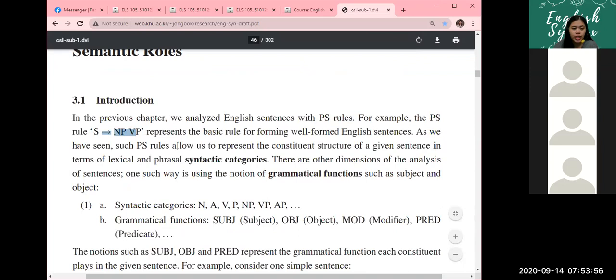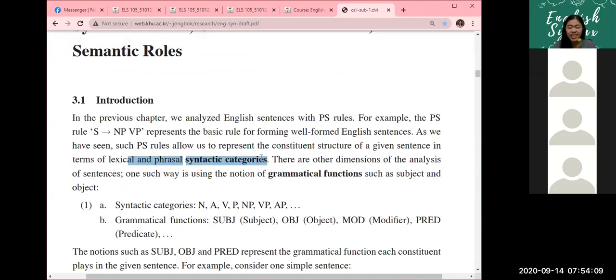PS rules allow us to represent the constituent structure of a given sentence in terms of lexical and phrasal syntactic categories. I hope it was clear how to identify a syntactic category, and what is and is not a constituent.